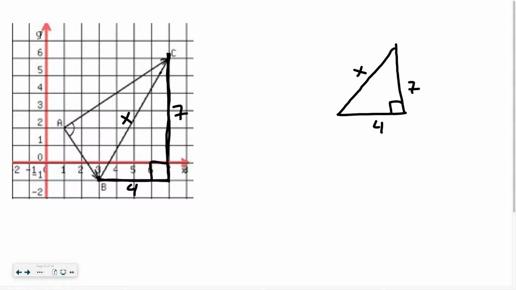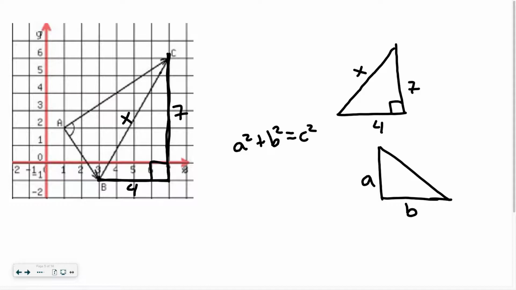Remember this formula that said a squared plus b squared is equal to c squared? Well, that's what we're going to use. This is the general form of the triangle. You have side a, side b, and side c.